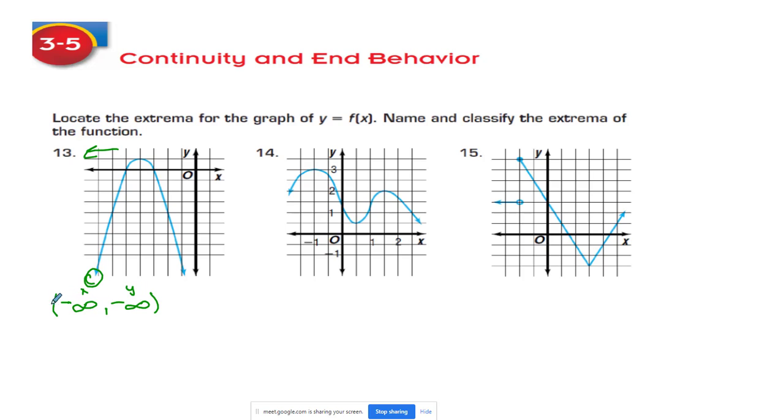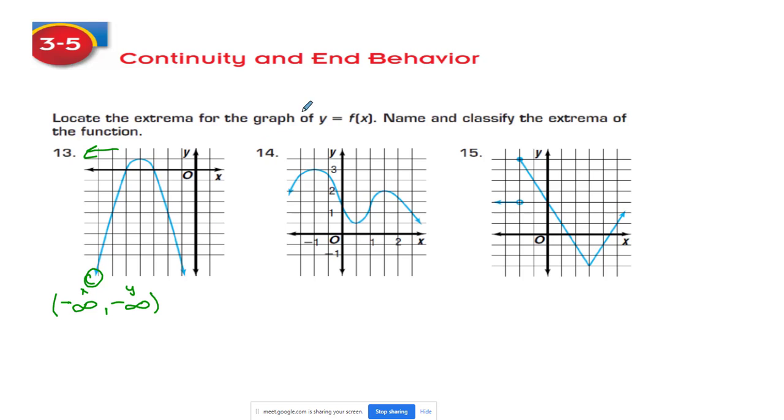As x gets bigger and bigger in the negative direction, y gets smaller and smaller, heading in the negative direction also.